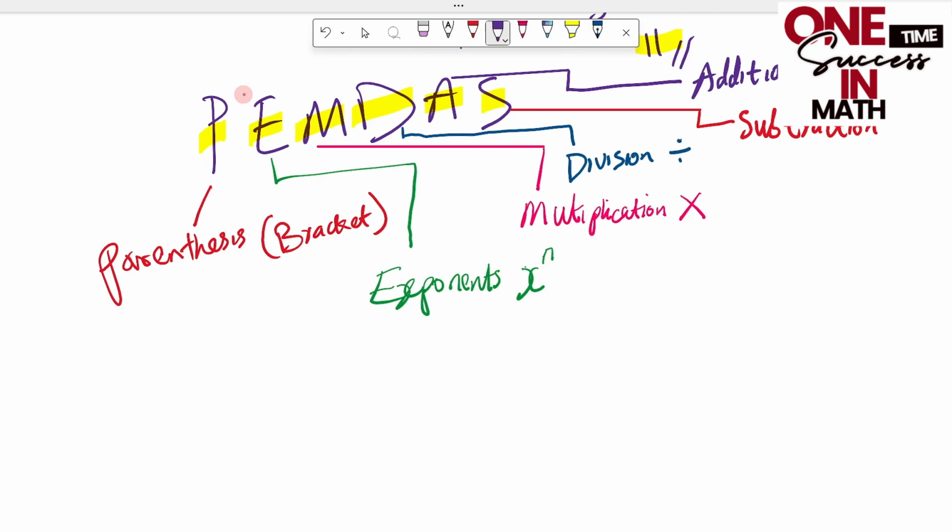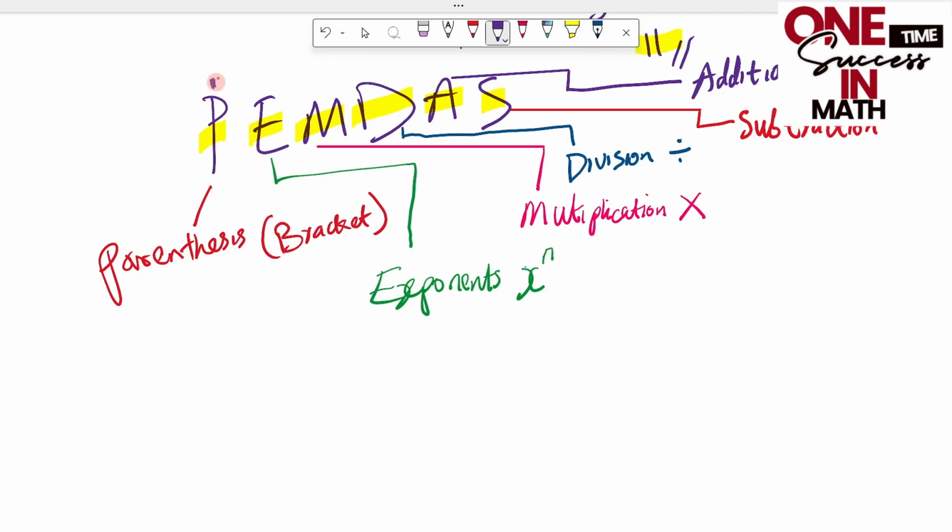In PEMDAS, this order should be followed every time. But there's something important. Multiplication and division are equal. When we have that alone in a question, we go from left to right. That part may confuse students. We'll also get to that. So the first thing we do is our parenthesis.